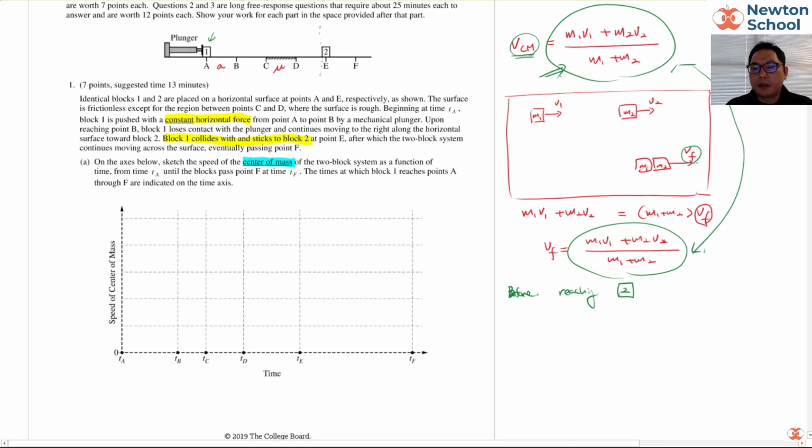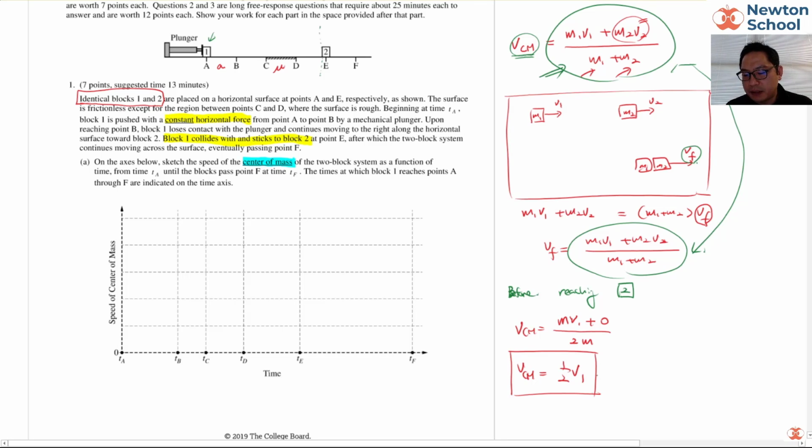Using this original equation, VCM will be M1, but here there are identical blocks 1 and 2, so I'll just use M. So M V1, and this is stationary, so there will be 0, plus 0, over 2M, because it's M plus M, which is 2M. So VCM, until you collide, will be just half V1. So this is basically a scale down of V1.